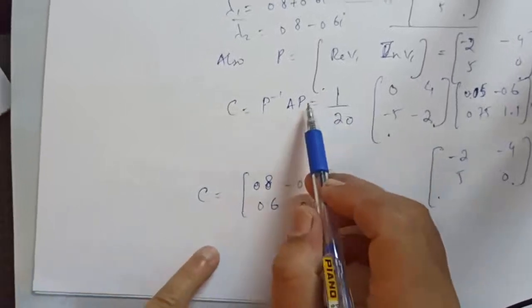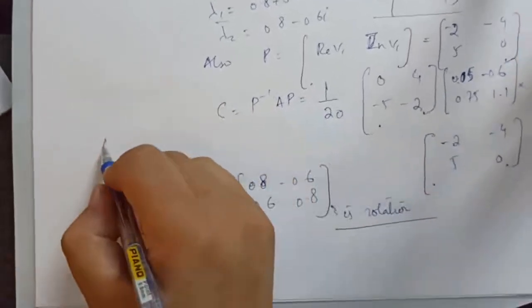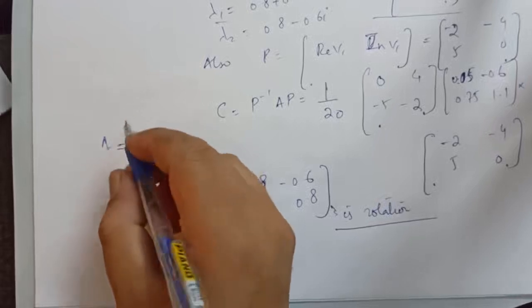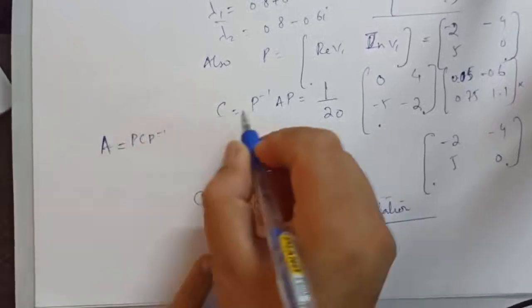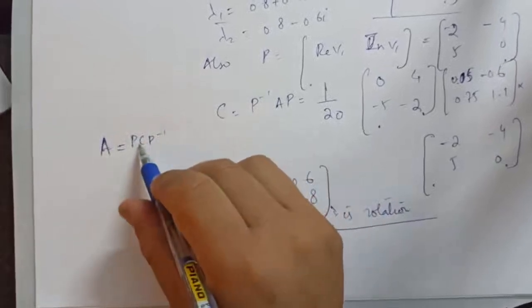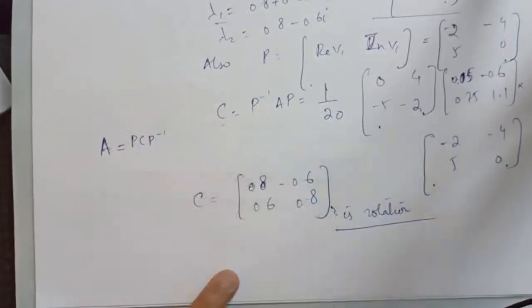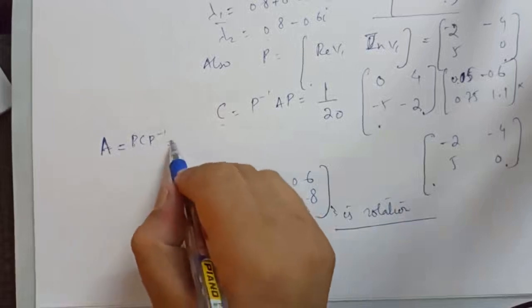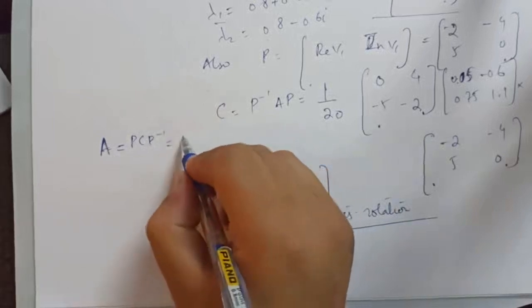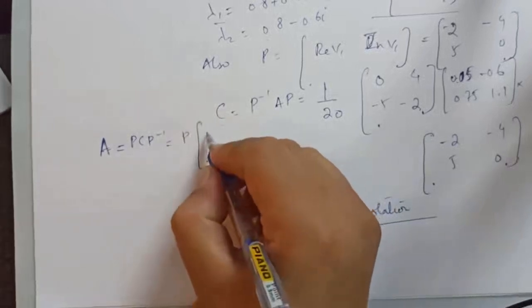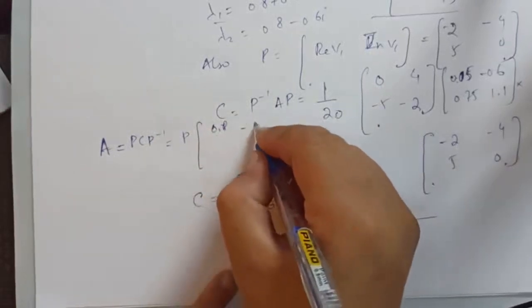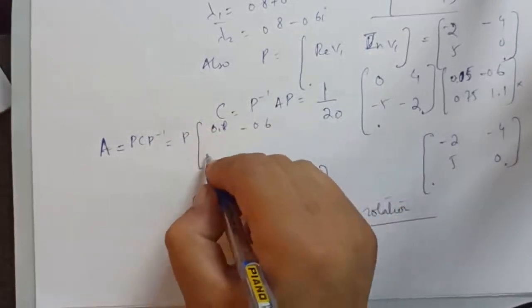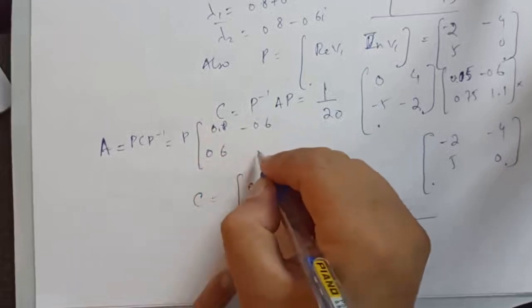Now similarly I can write A as P C P inverse. Like I have written C, then I have written A as P C P inverse, and when I multiply those up, the answer I get here is P [[0.8, -0.6], [0.6, 0.8]].